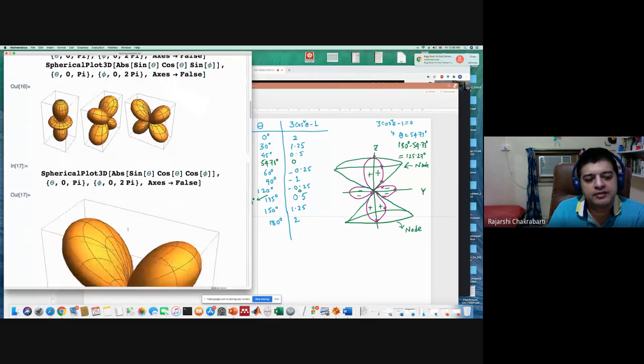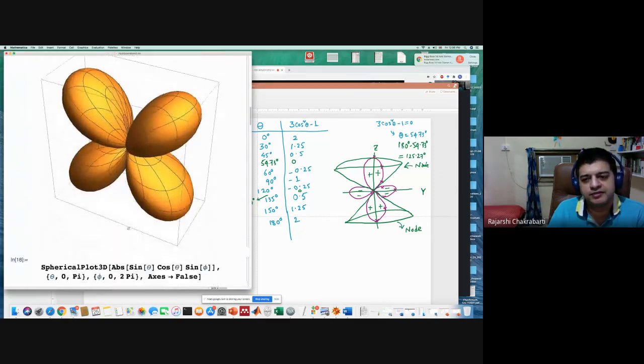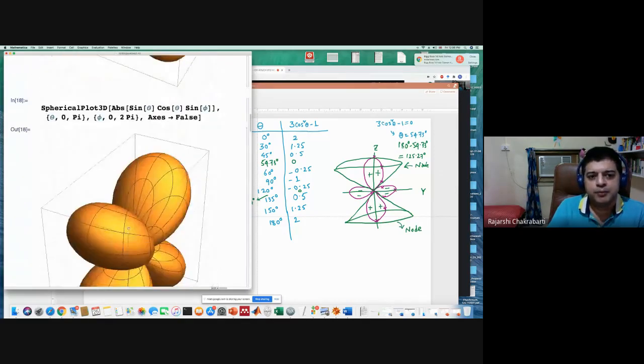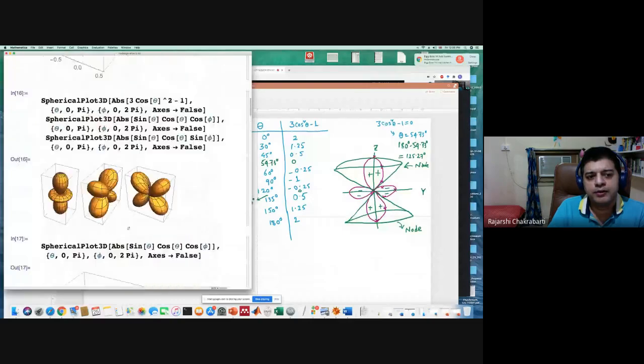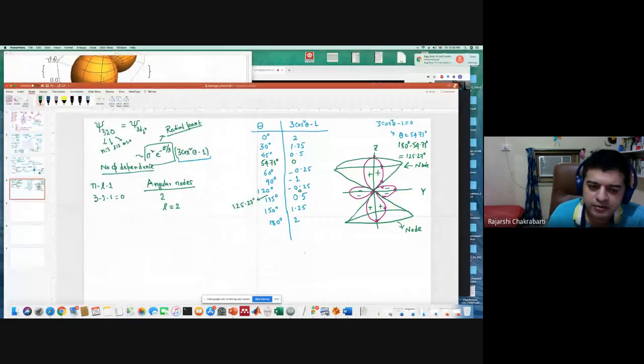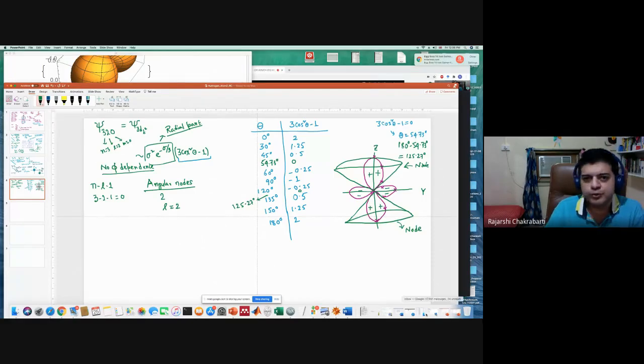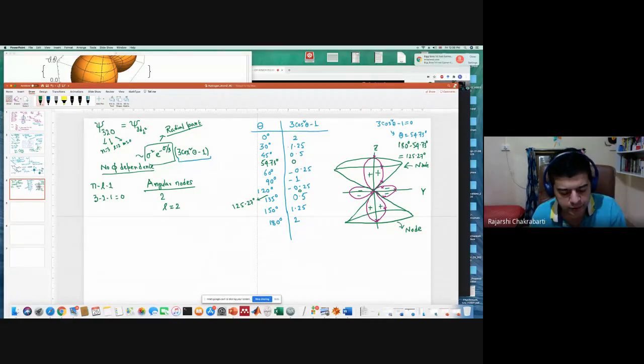I can plot other things, and these are the polar plots. You can say polar plots in 3D for other orbitals, like other d orbitals. I'm not going to do it now. I'll stop, but I'll show you. I'll give you a brief overview of what we have done so far, and many ways how you represent.